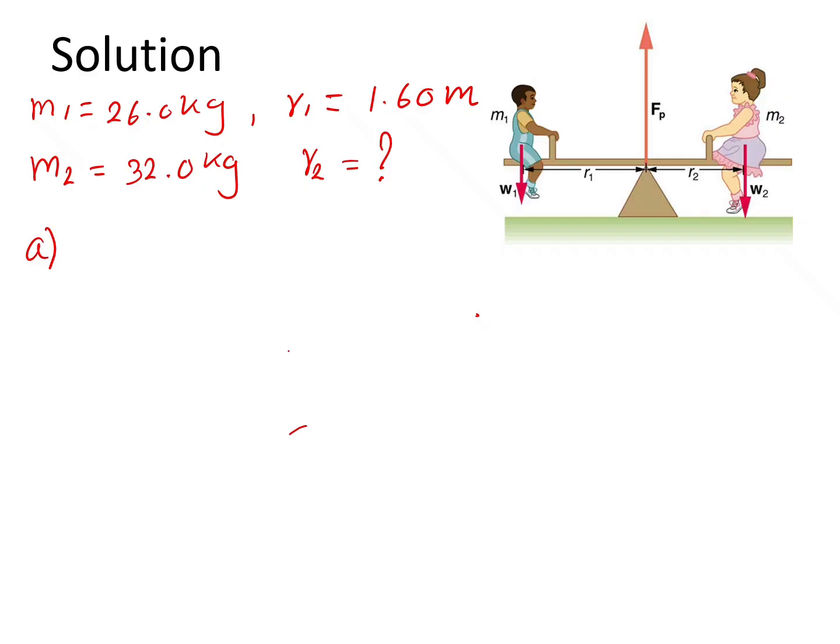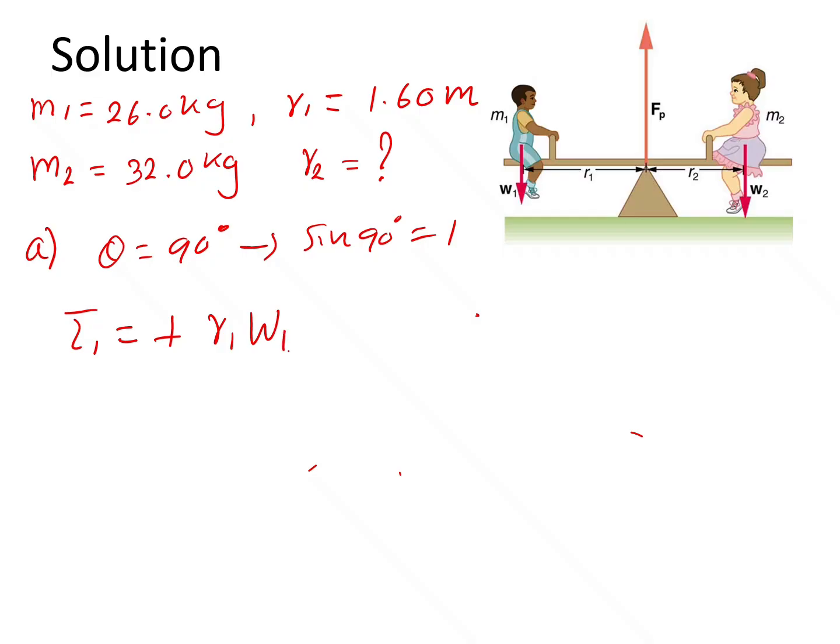Both children's weights act perpendicular to the seesaw, so the angle gives the maximum torque effect. Since theta is 90 degrees, sine 90 is 1, so the torque equation will be just the lever arm times the force.